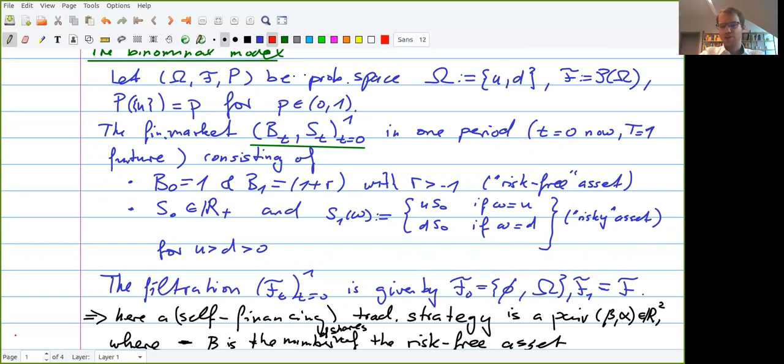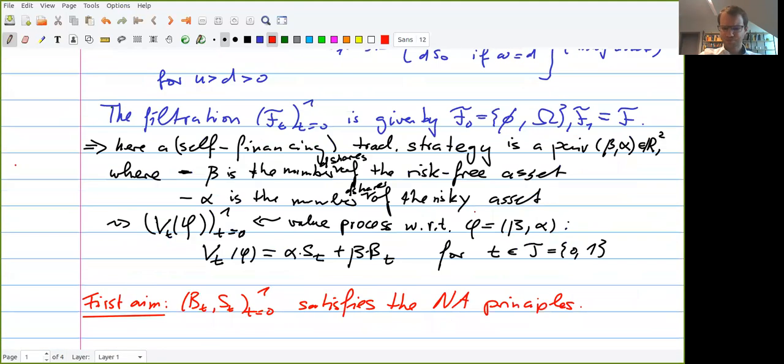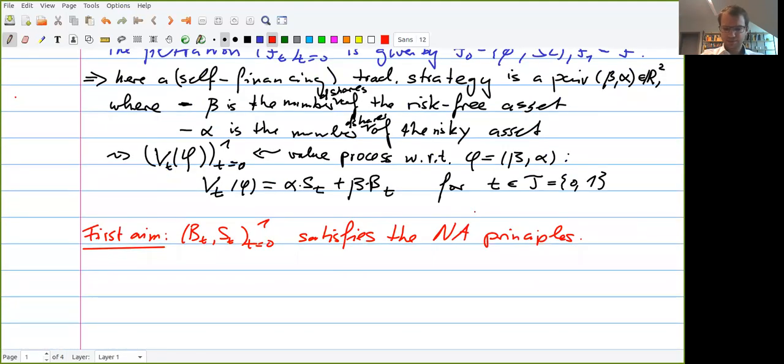And the information is given by the random variables S1 and S0, so all the information is available and reflected by the prices. So the efficient market hypothesis is also fulfilled. The only assumption where we need to be careful is the assumption of no arbitrage.